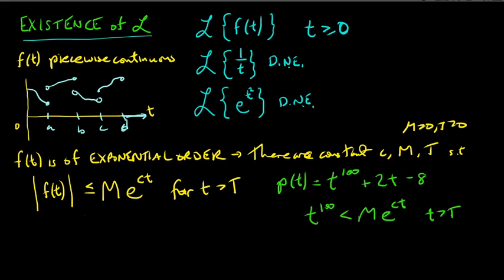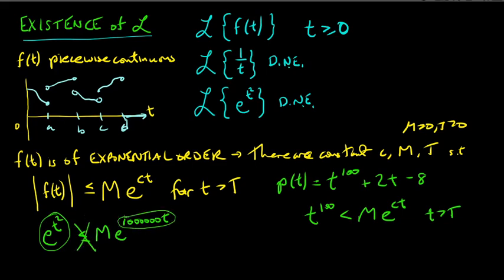So going back, now you can see the problem with e to the t squared. E to the t squared is not of exponential order. There's no way you can make this work. Remember, c is a constant here. So even if I have 1 million t, this may be bigger for a pretty large t, but eventually e to the t squared will overpower it.